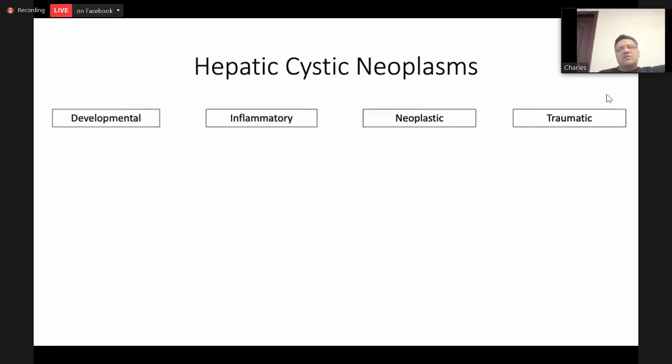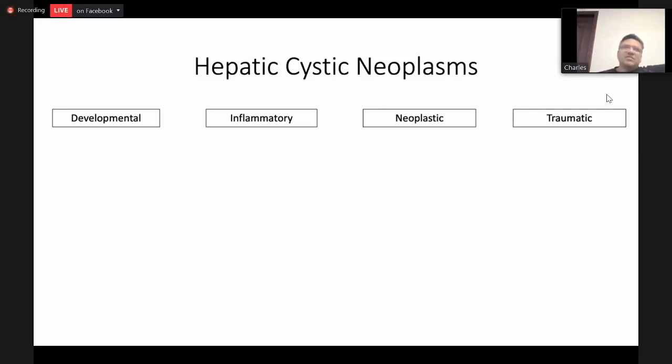So when you talk about hepatic cystic lesions, it may be developmental, like a simple cyst, polycystic liver disease or Caroli's, or an inflammatory infective cyst like pyogenic liver abscess, amoebic liver abscess, or a hydatid cyst, or neoplastic like a biliary cystadenoma, biliary cystadenocarcinoma or cystic metastasis, or it may be a traumatic cyst.